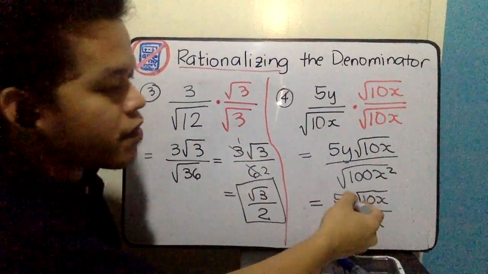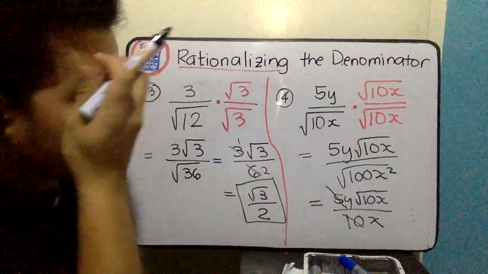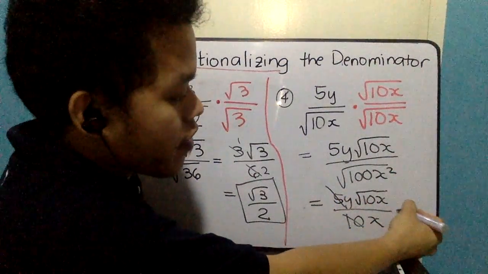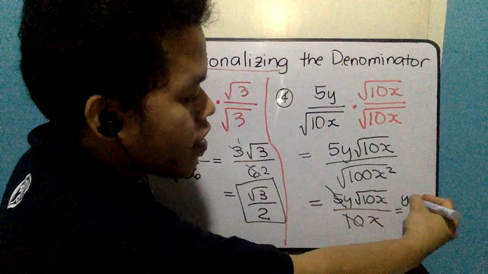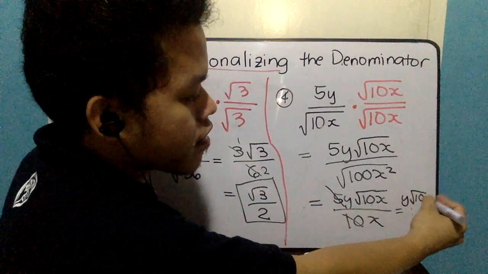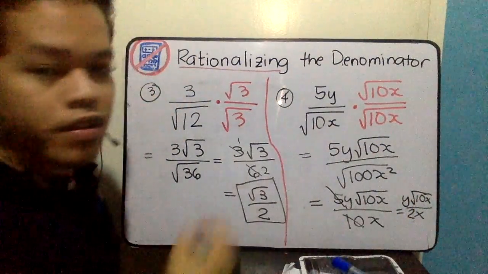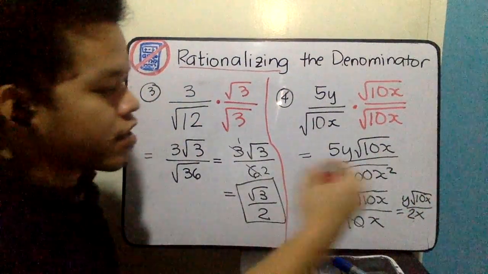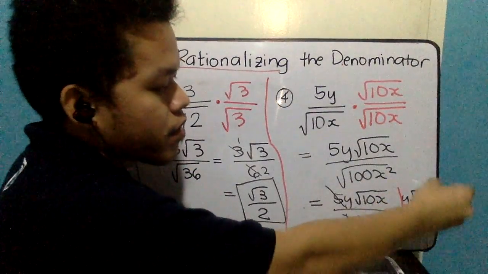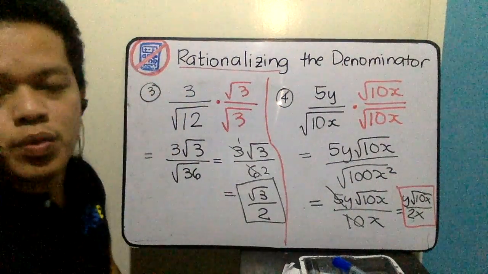Okay? You can simplify it further by simplifying the number 5 and 10. And the final answer is just y square root of 10x all over 2x rather. Okay? So your final answer is y square root of 10x all over 2x.